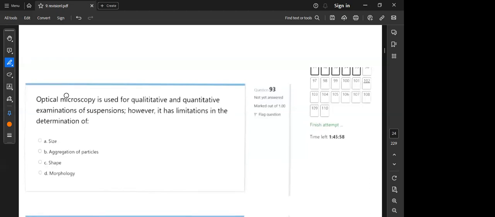In suspension. Well, does morphology include the shape of the particles or something like that?